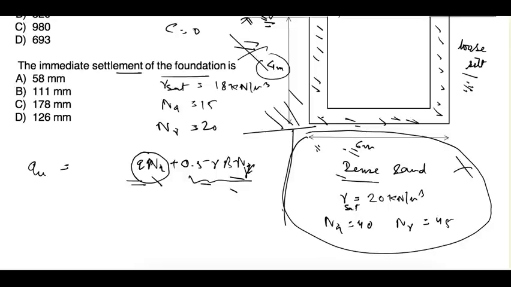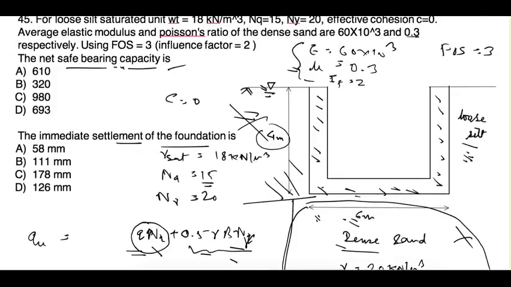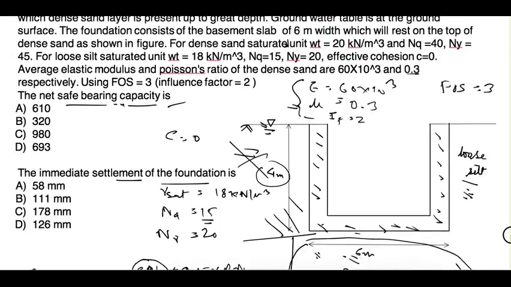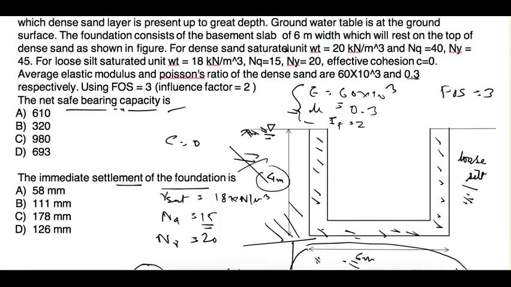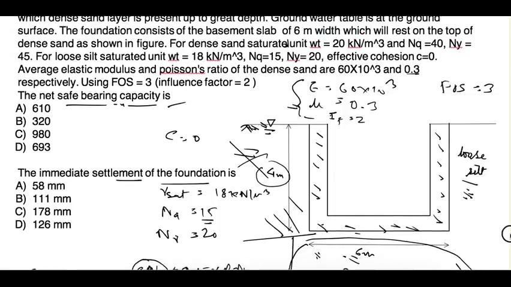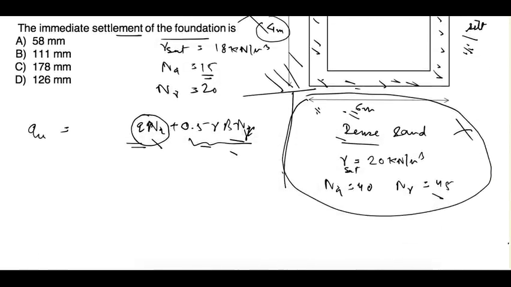So here we'll use N gamma as 45 and Nq from the given details, that is 15. One more thing is there, that is the water table. The water table is at the surface, so we have to find the effective weights.